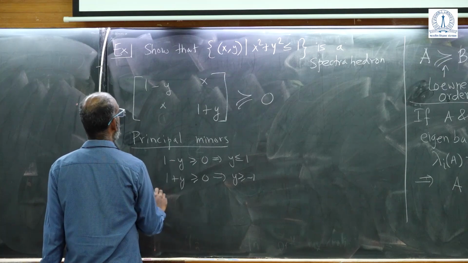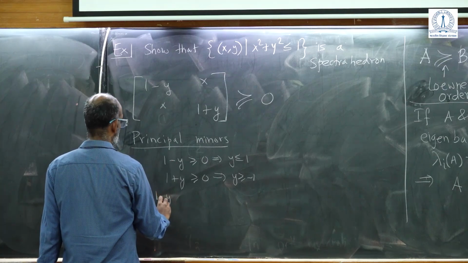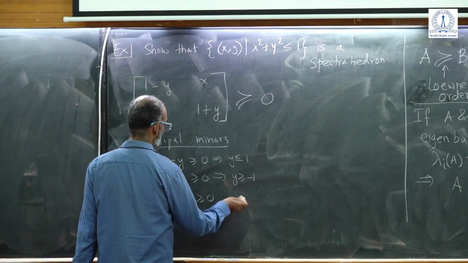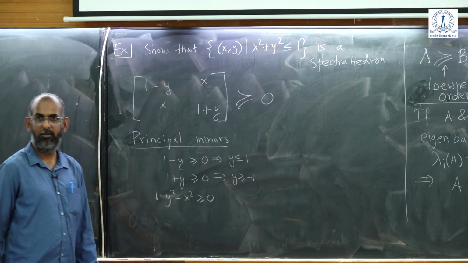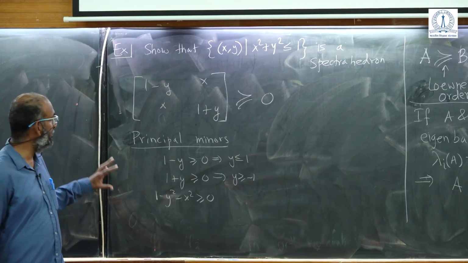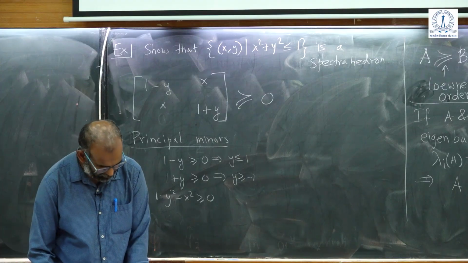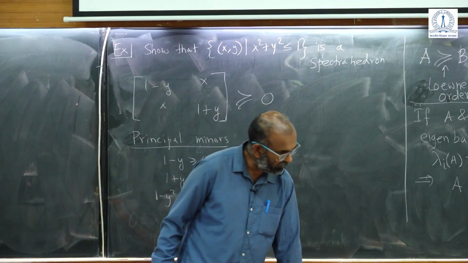And the determinant is 1 minus y squared minus x squared greater than or equal to 0, which is what we want. Okay, nice. So this is a 2 by 2 example; we had a 3 by 3 example earlier.